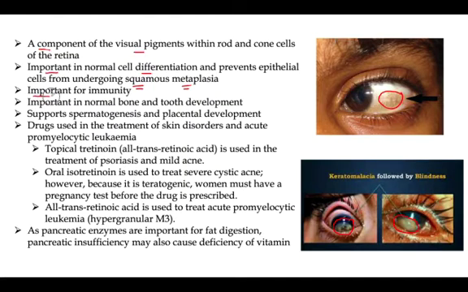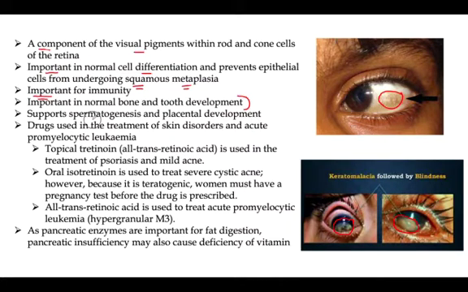The third important function is related to immunity. There are various studies which show that vitamin A, if deficient in the diet, leads to immunodeficiency. Vitamin A is also important for normal bone and tooth development. Of course, it is not as important as vitamin D, but still, deficiency can lead to impairment of bone and tooth development.